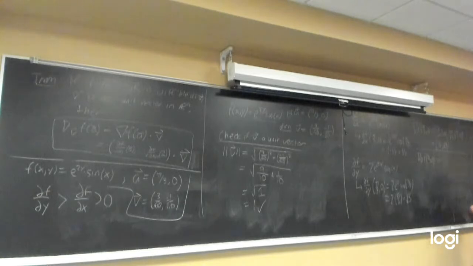Plug in the gradient dotted with the vector v. Yeah, we're going to take our gradient vector. Let's just write it this way. We'll take the gradient of f at pi over 3 comma 0, dotted with our vector v, which is going to be 1/2 comma square root of 3, dotted with 3 over square root of 10, comma negative 1 over square root of 10.